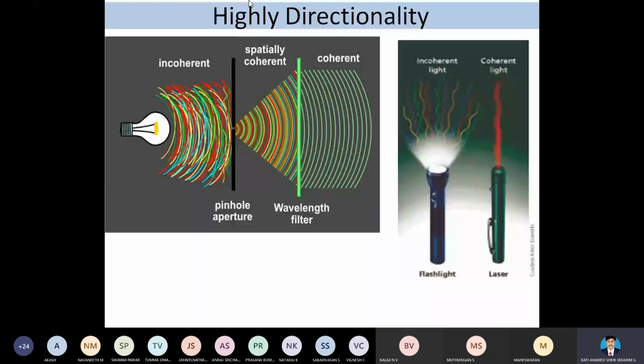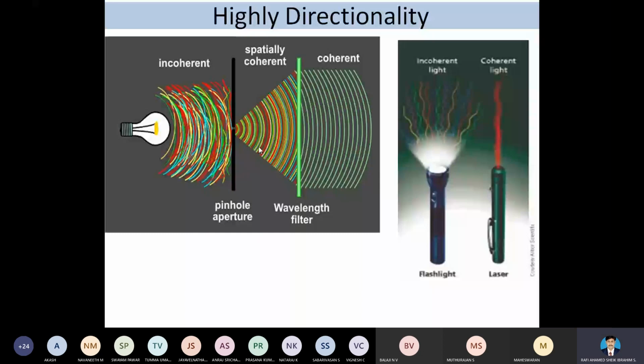From the figure itself, we can see the variations. Again, a comparison between the ordinary and the laser source. We can see that ordinary light is incoherent, see the variations, and see the coherent, see the variation. Here we have a particular wavelength. Here we do not have a particular wavelength. This is the difference.